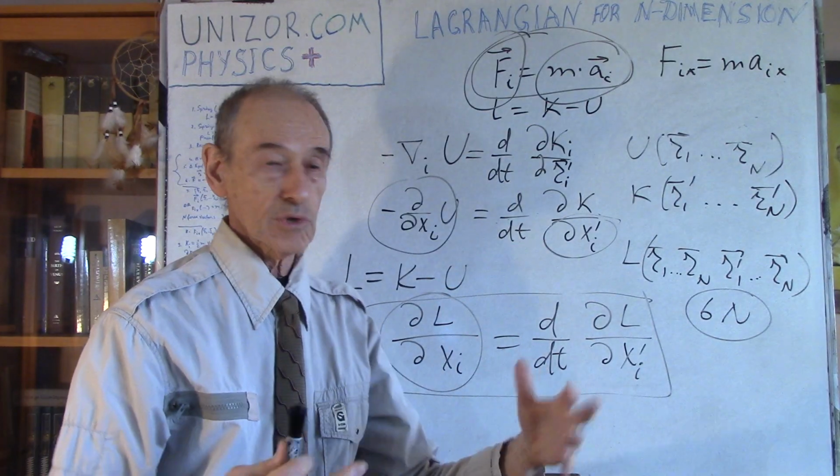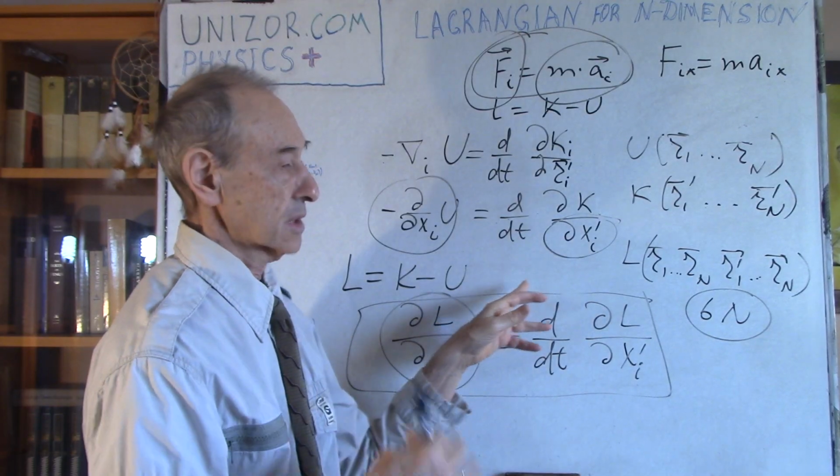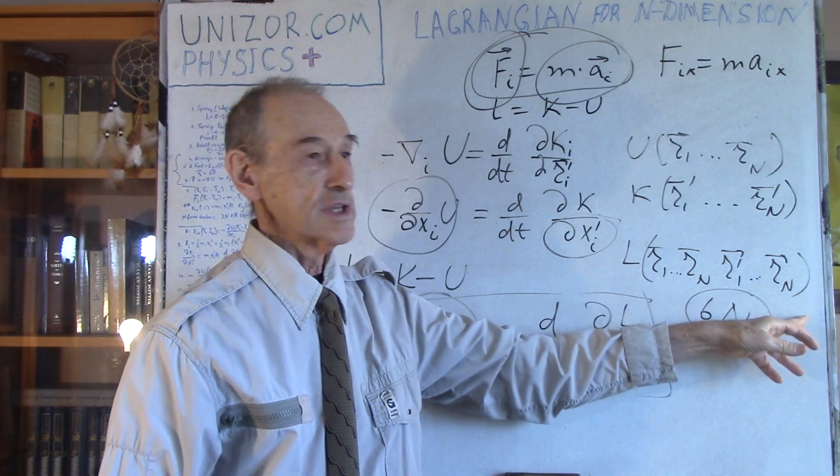It's actually easy to calculate the Lagrangian, which is K minus U, kinetic minus potential, if you have all these parameters.